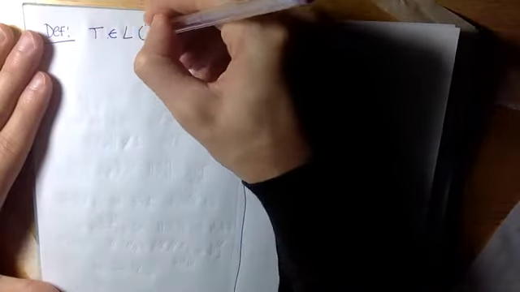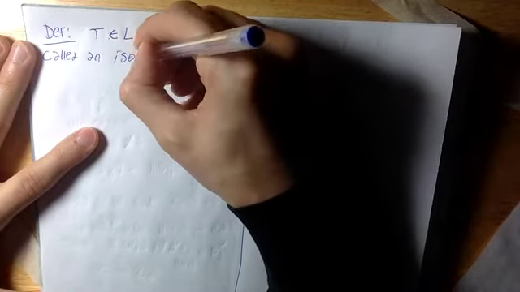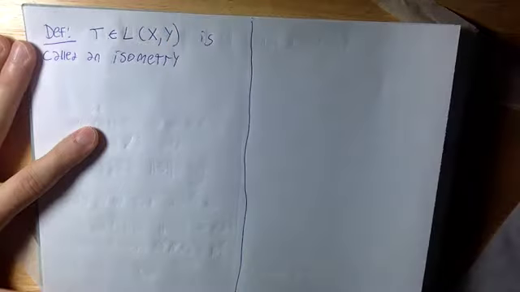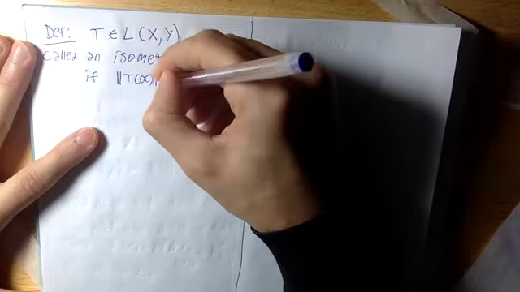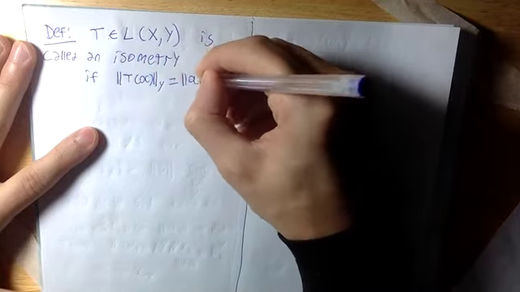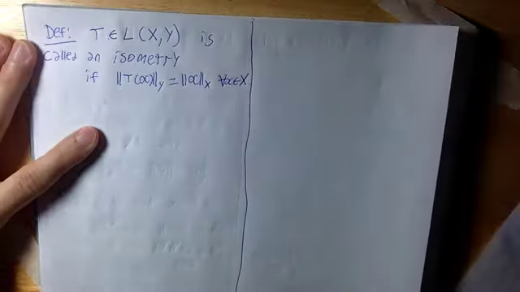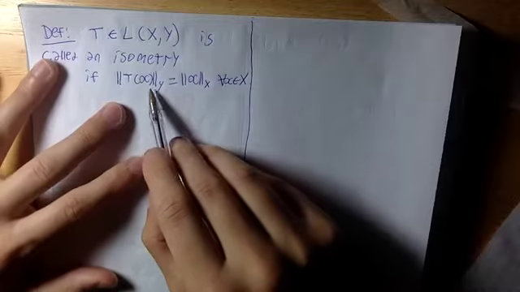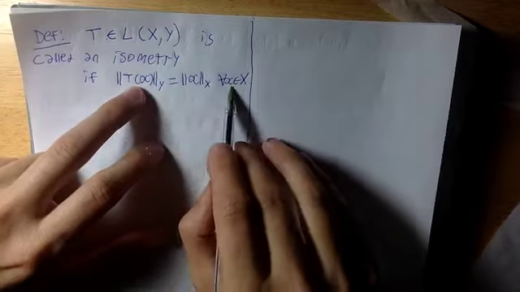Let's say that we have T, a linear transformation from spaces X to Y. T is called an isometry if the norm of T of x is equal to the norm of x for every x in X. So you have an isometry if the norm is equal for everything.